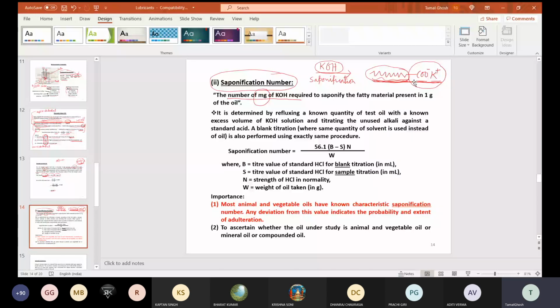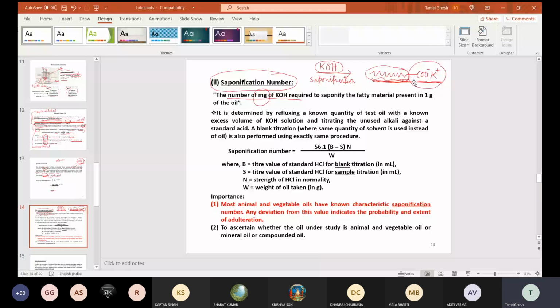At least this much you should remember up to the exam. People forget very quickly. Excluding your name, you are forgetting everything, which is not a good sign. So at least remember this is the number of milligram of KOH.